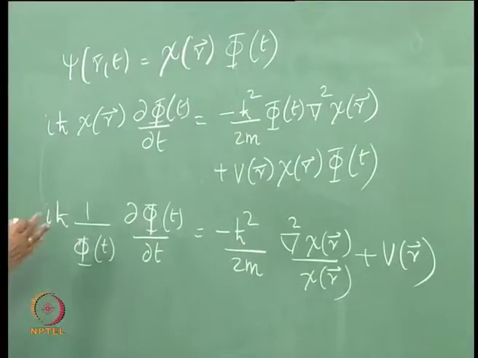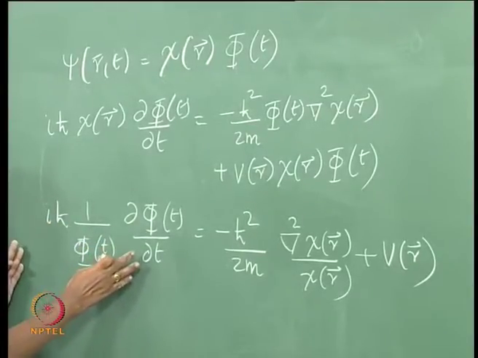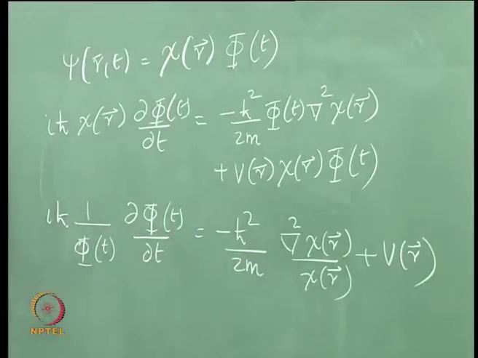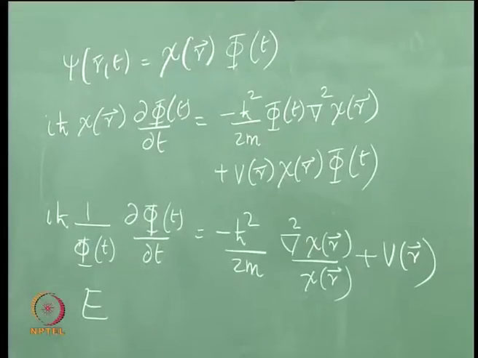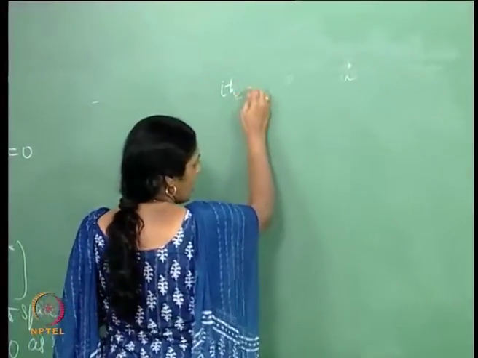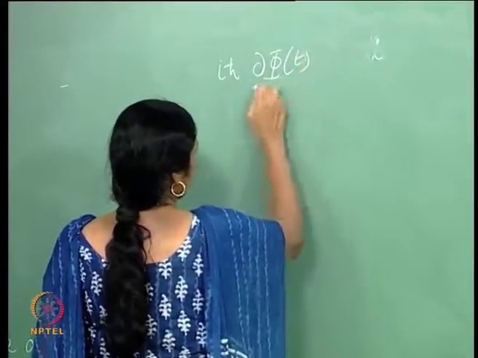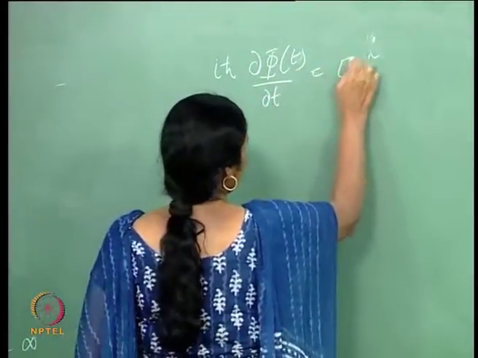Now, if the left hand side does not depend upon the space coordinate r, and the right hand side does not depend upon time at all, and these two are equal, it is clear that this is equal to a constant and that is equal to the same constant. I call that constant E. And then I have two equations. The first equation simply says iħ ∂φ(t)/∂t is Eφ(t).